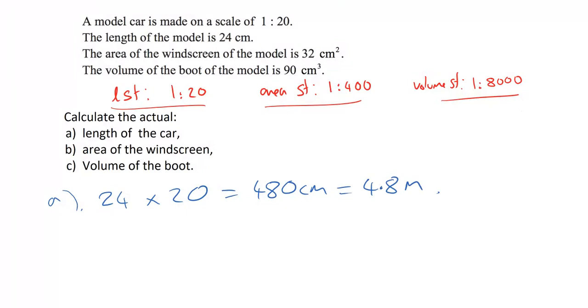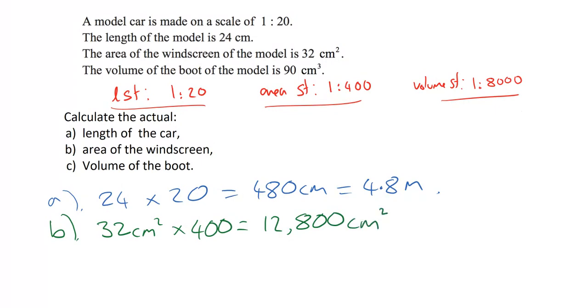Let's now think about the area one, the area of the windscreen. The area of the windscreen was 32 centimeters squared. Our area scale factor tells us that this is going to increase by a scale factor of 400. So if we multiply 32 by 400, we're going to get 12,800 centimeters squared.